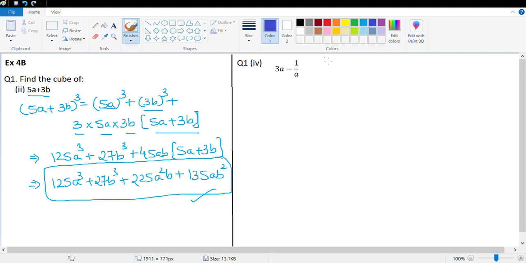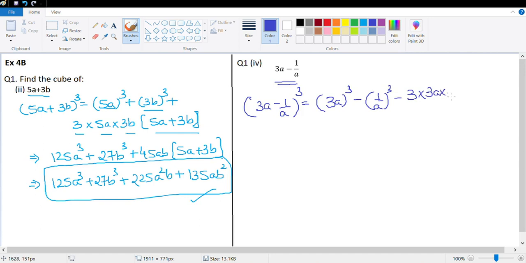The next one is find the cube of 3a minus 1 upon a. So 3a minus 1 upon a, the whole cube would be first term cube minus second term cube minus 3 times first term into second term times first term minus second term, right? So x minus y whole cube is equal to x cube minus y cube minus 3xy multiplied with x minus y.